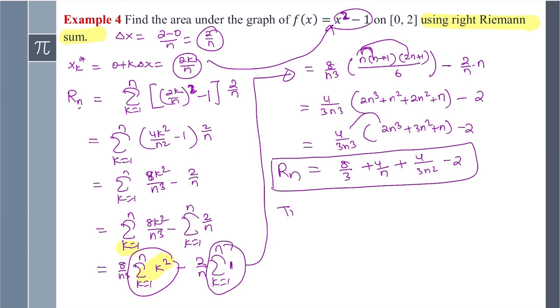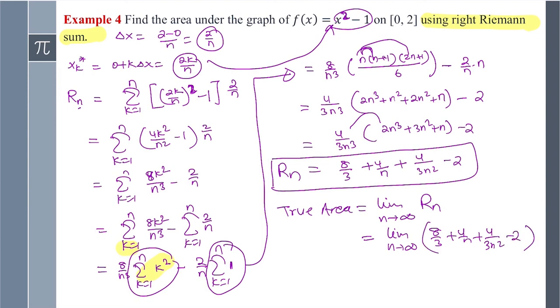Now the true area is given by the limit as n approaches infinity of R sub n, the Riemann sum. So let's go ahead and evaluate the limit. The limit as n approaches infinity of 8/3 plus 4 over n plus 4 over 3n squared minus 2.